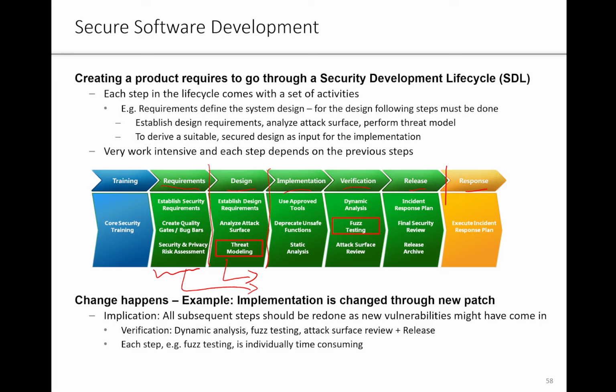On the contrary, once you have implemented the system and you are already in the release phase or verification phase and some kind of issue comes up, then you have to revise your design, you have to re-implement several aspects of your code, of your system, and then it's much more work. Even more work it is when the system is already out and you have to take care of backwards compatibility. So the earlier you address the security issues, the better.